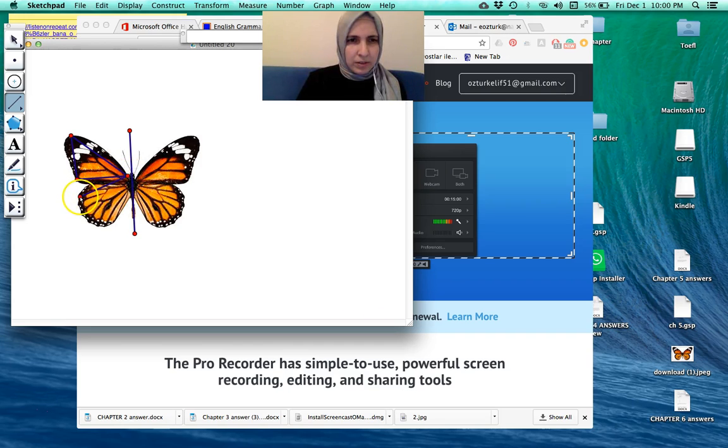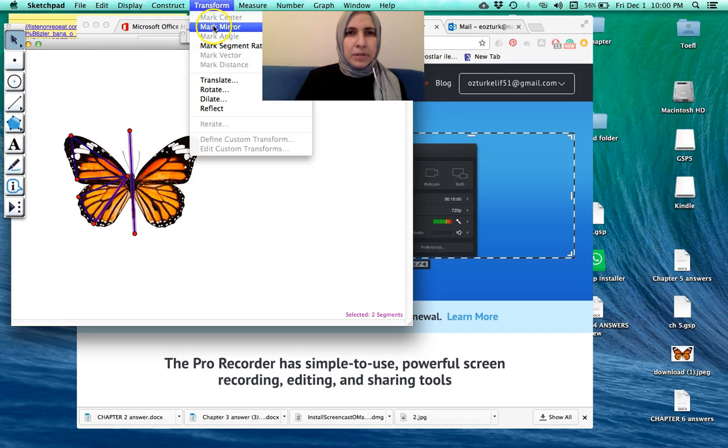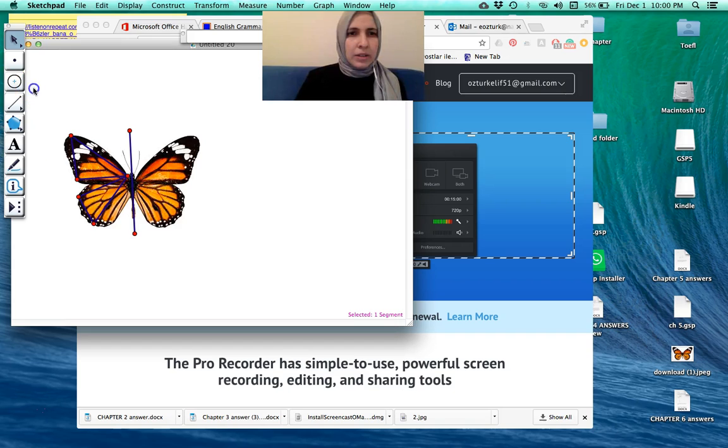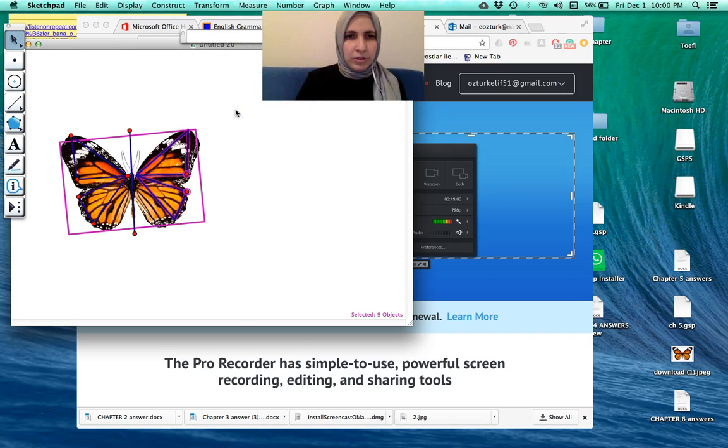Then it nearly seems butterfly-like. Mark this one as a mirror, and then select the items and go to reflect.